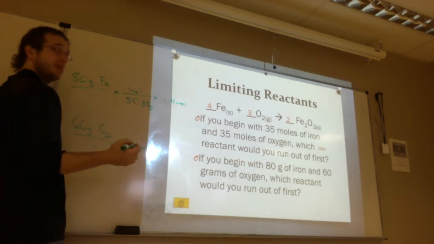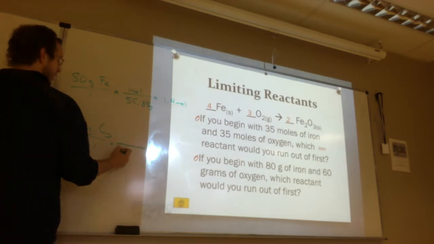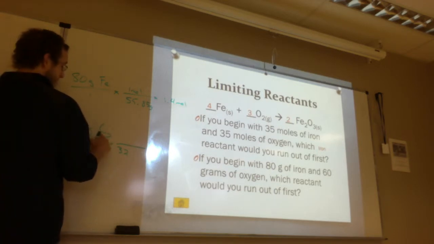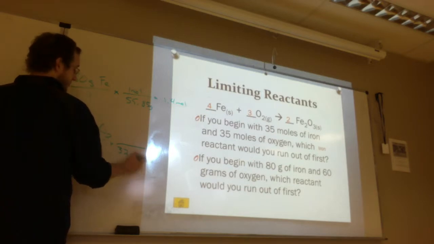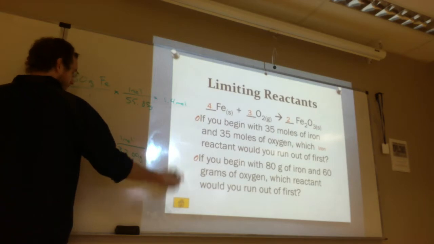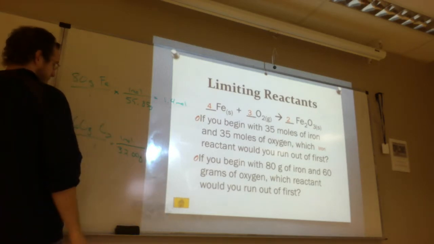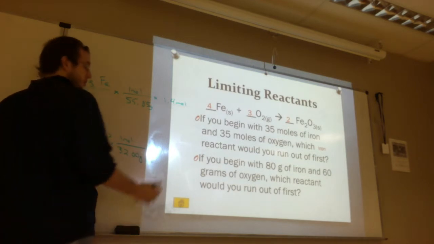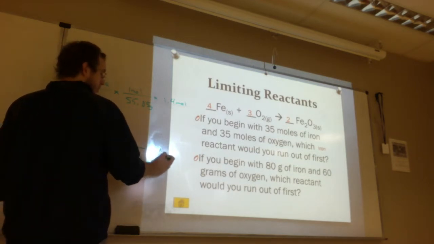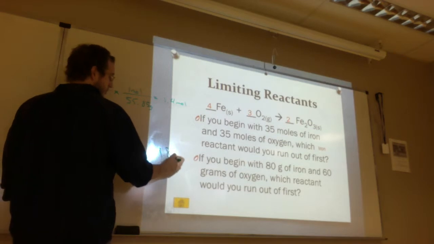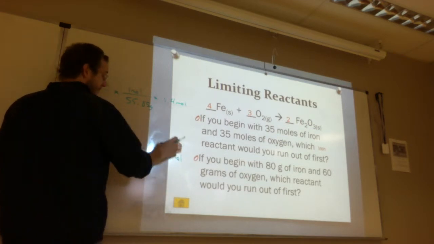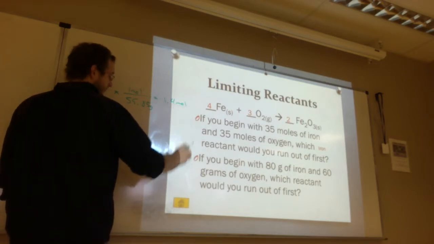Oxygen, do we have that one memorized yet? Diatomic, so 32.00 grams for every 1 mole of oxygen. Grams cancel, good, moles. Gonna be a little under 2, yes? 1.8 moles? 1.875? 1.9 then?